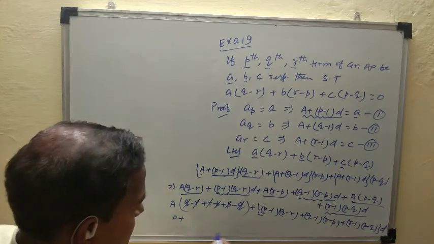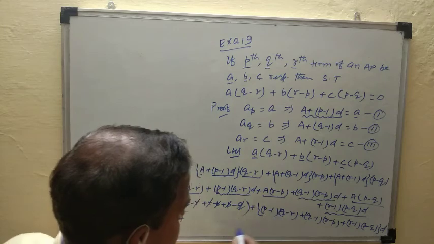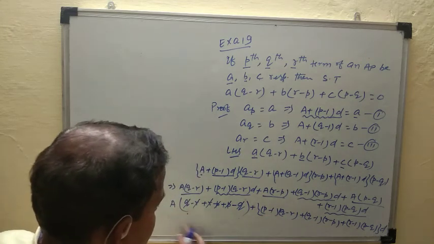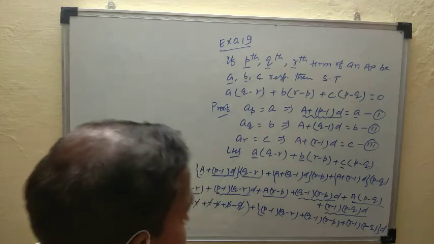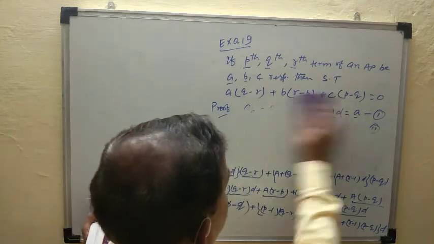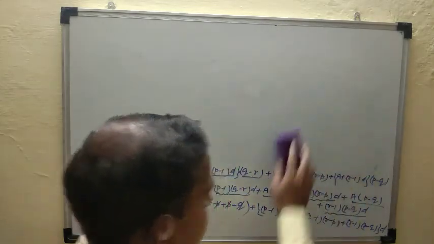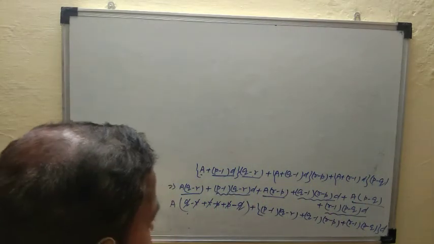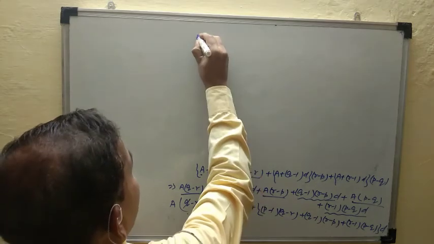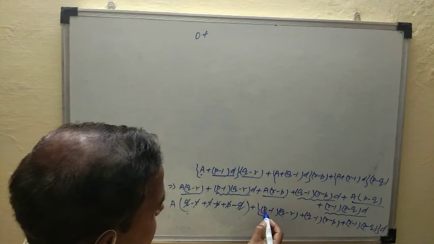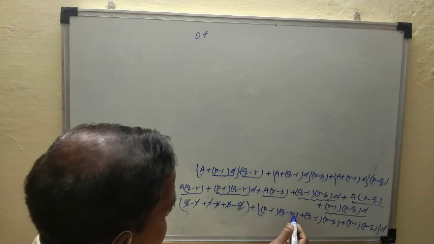This term is 0. Now open the bracket, this term be 0. So A into 0, 0. Open the bracket. So first multiply by P, both the terms.